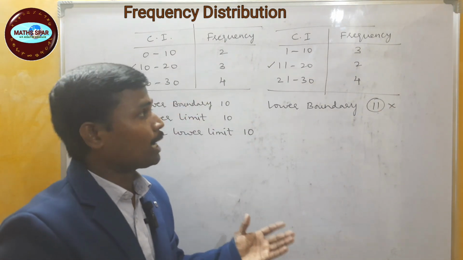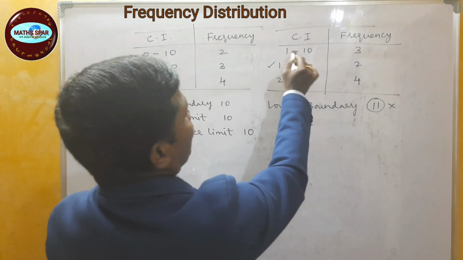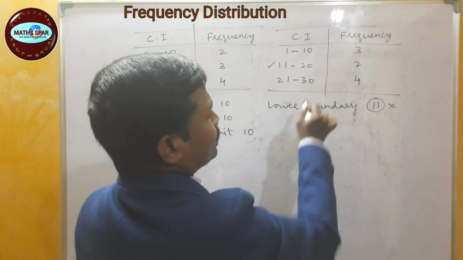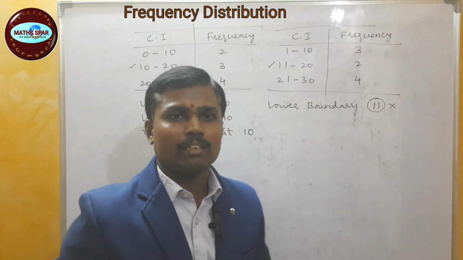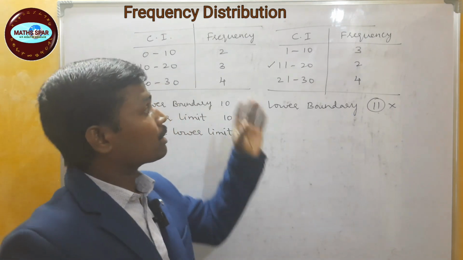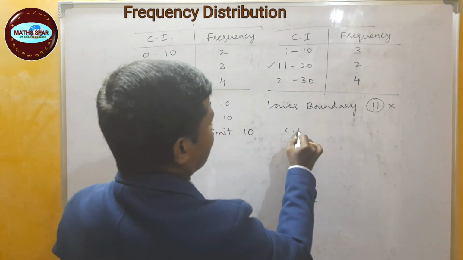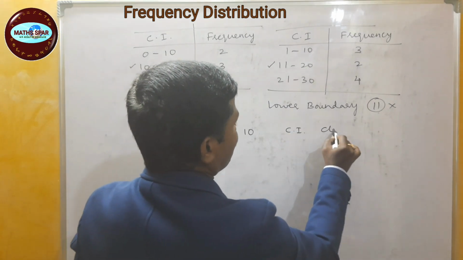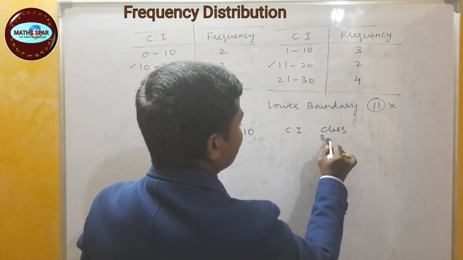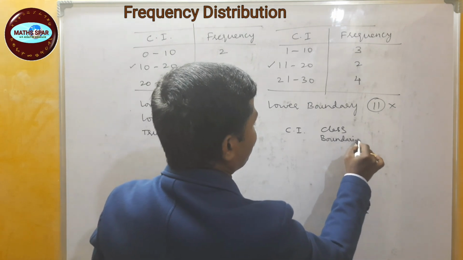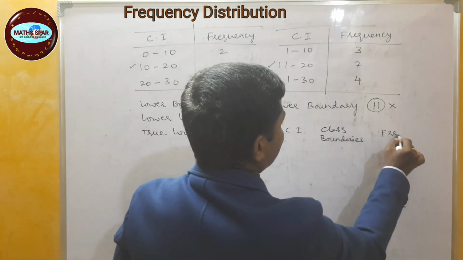Then what are we supposed to write? You have to correct these class intervals into class boundaries. How do we correct these class intervals into class boundaries? So, class interval, class boundaries, then frequency.